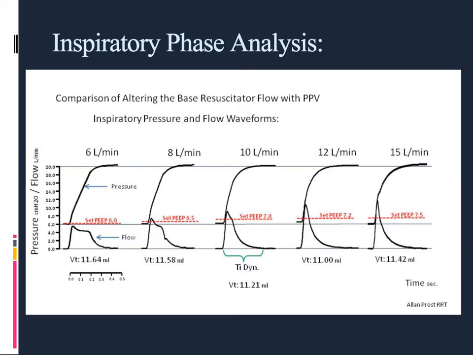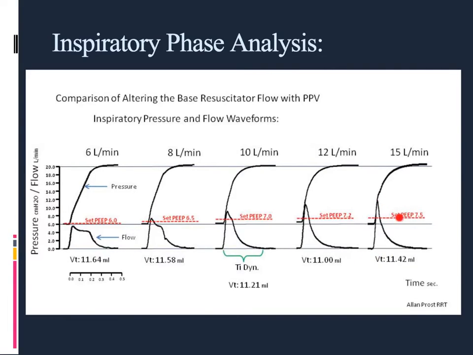Another observation you can make from these graphs and this data is that when you set the background flow rate to 6 liters per minute, it becomes a limiting factor for the inspiratory flow delivered to the patient. When you set the background flow at 15 liters per minute, we're getting peak inspiratory flows of about 12 liters per minute.